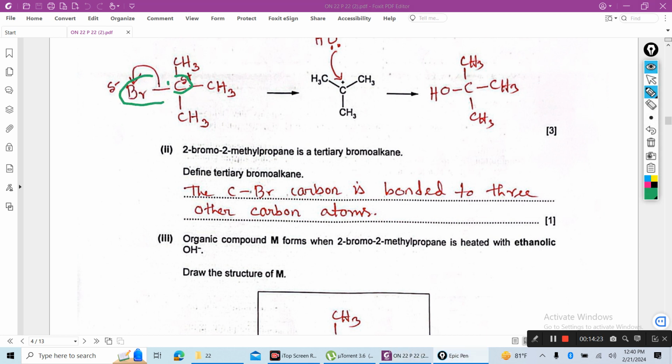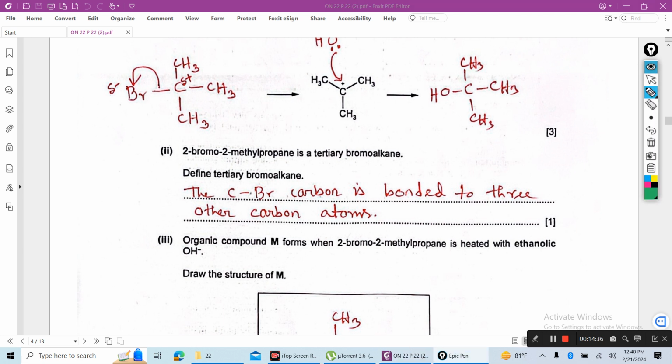This carbon is attached to 3 other carbons. That's why this is a tertiary bromoalkane. The CBr carbon is bonded to 3 other carbon atoms.